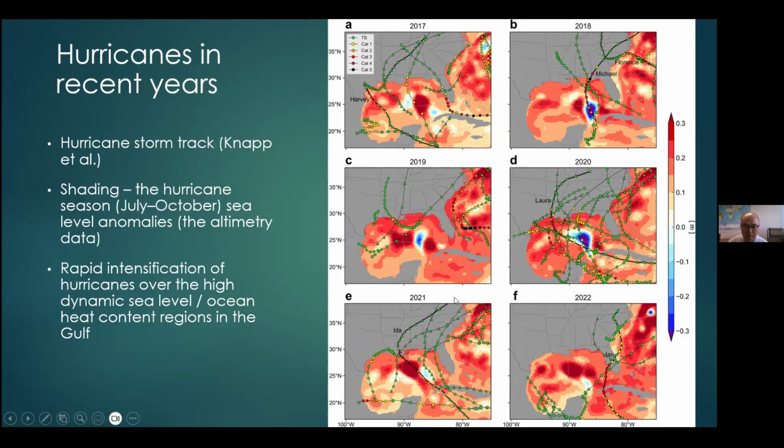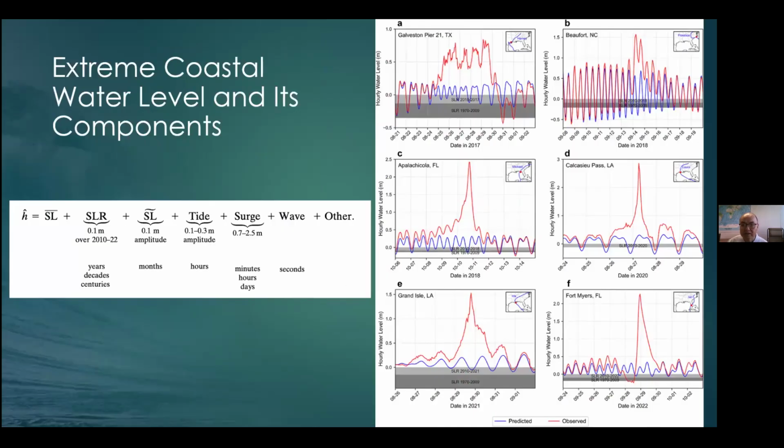So you can see the rapid intensification of a hurricane in this region. And so this is the storm surge associated with this hurricane during the landfall of these hurricanes.